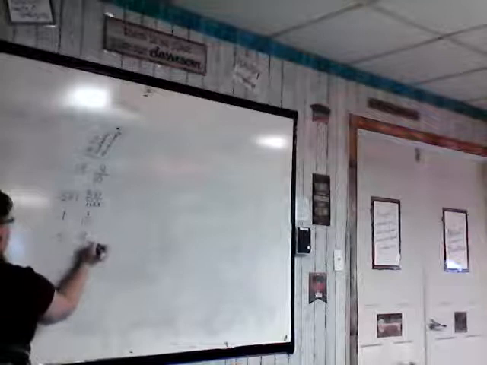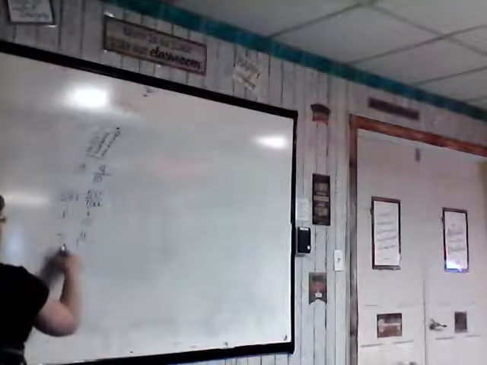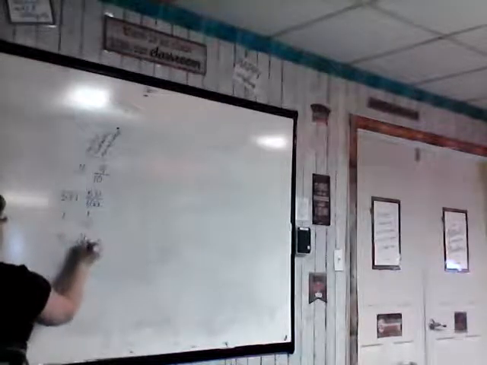Okay, so how would I write 0.71? How many numbers do I have? 1, 2. So I would put 2 zeros. So I put 100 as my denominator. So yeah, the 1 doesn't count for the actual number count.